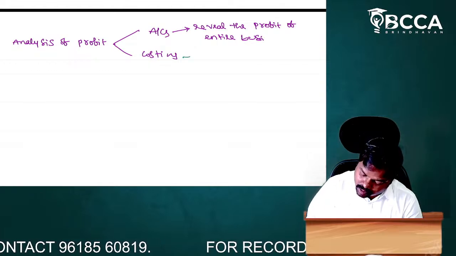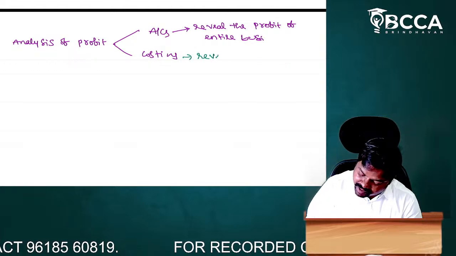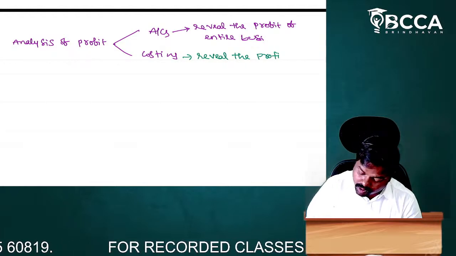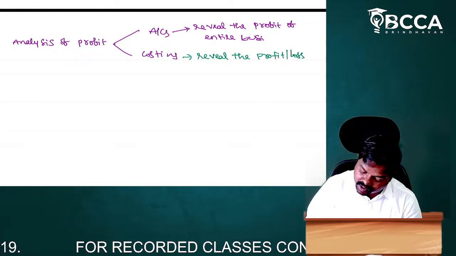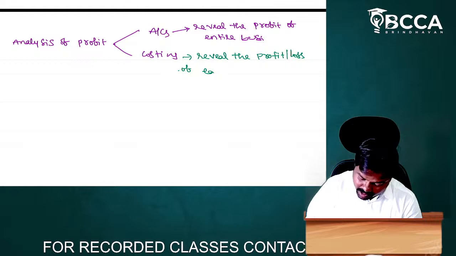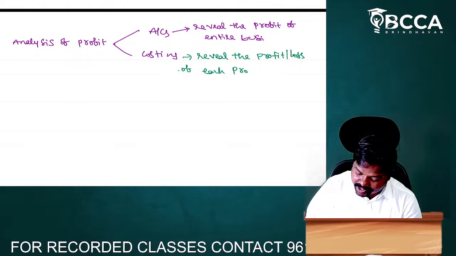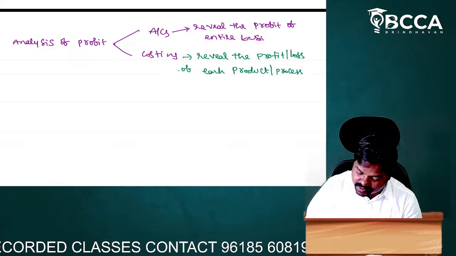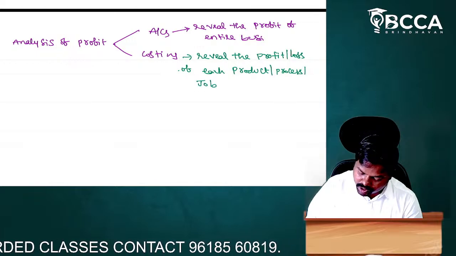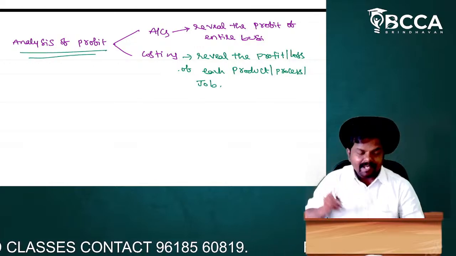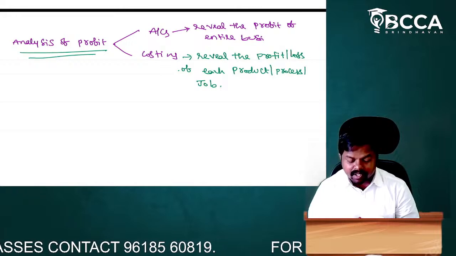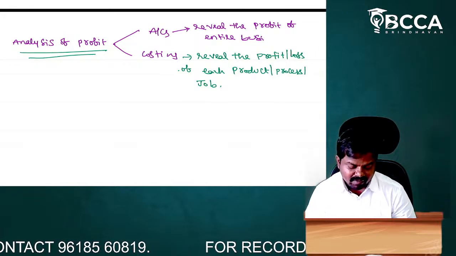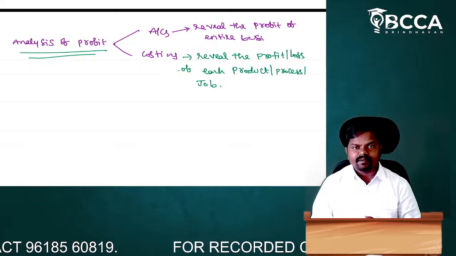Costing will reveal the profit or loss of each product, or process, or job. This is the main difference in analysis of profit. I hope it is clear.